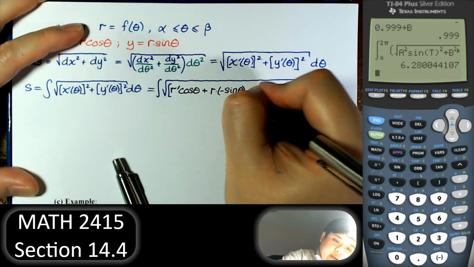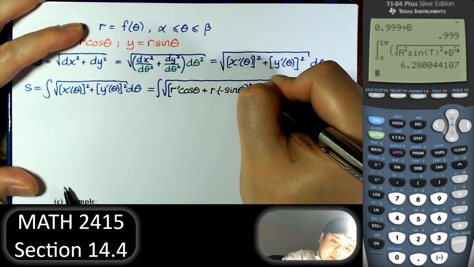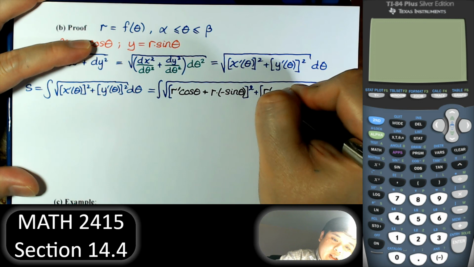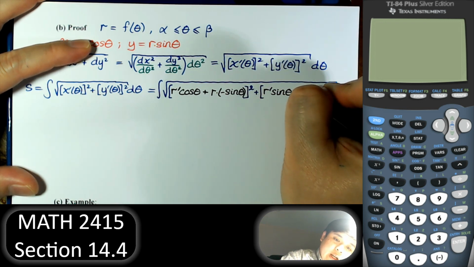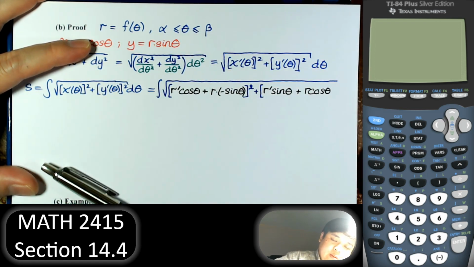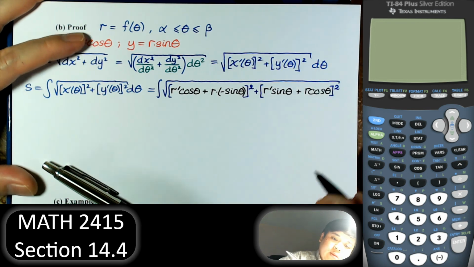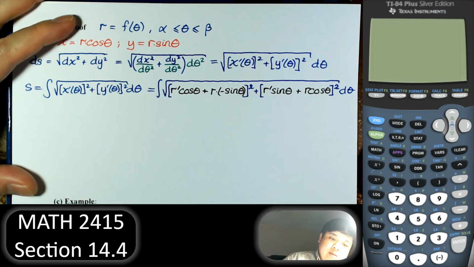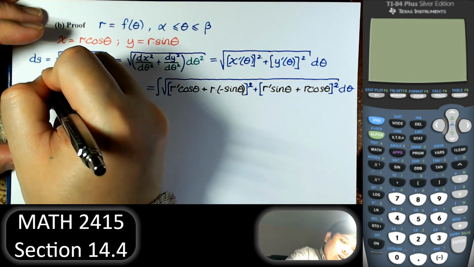So that is the derivative of x with respect to theta, squared, plus, for y, r prime sine theta, and then r times the derivative of sine, cosine. And then d theta. Right, just from alpha to beta, so pretty generic there.